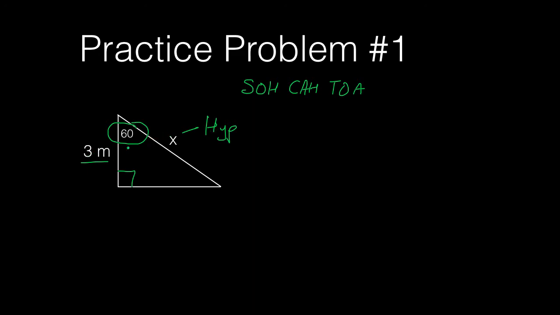So which one of our trig functions has adjacent and hypotenuse with it? Adjacent and hypotenuse you're going to see right here with CAH. So cosine of your angle, 60 degrees, is equal to the adjacent side, which was 3 meters, so I'm just going to put 3, divided by the hypotenuse, which is x.